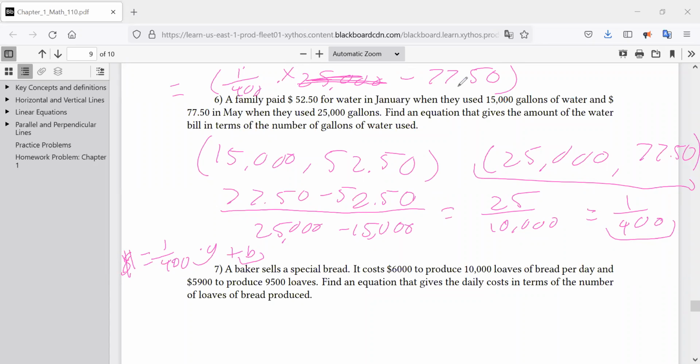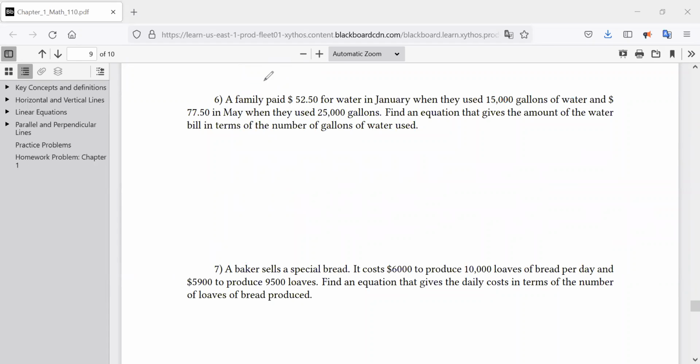Sorry, that's not supposed to erase all of that, but we want X minus X naught is equal to Y minus Y naught. So in this case, we get Y minus the 7750 is equal to 1 divided by 400 times X minus 2500.